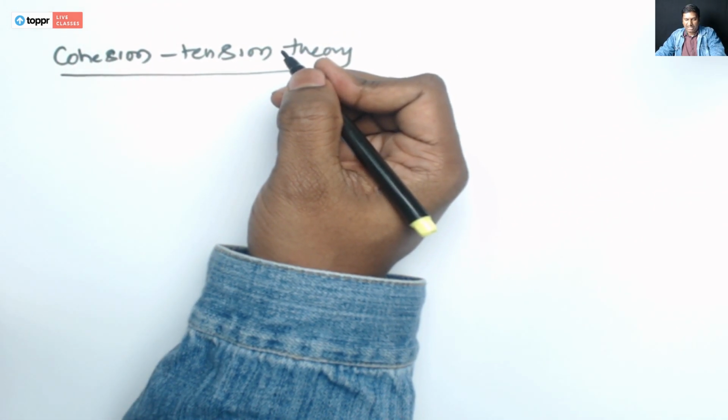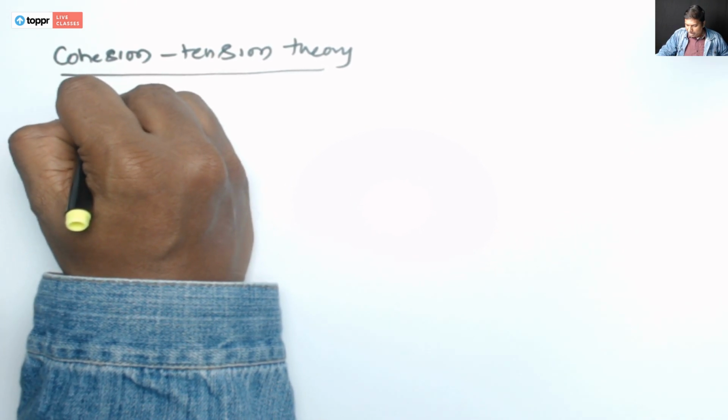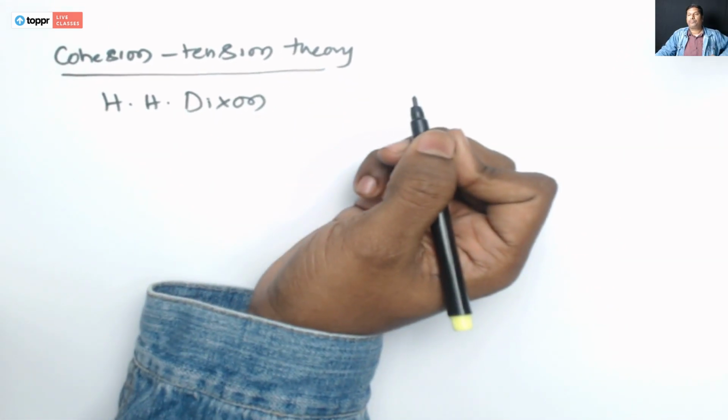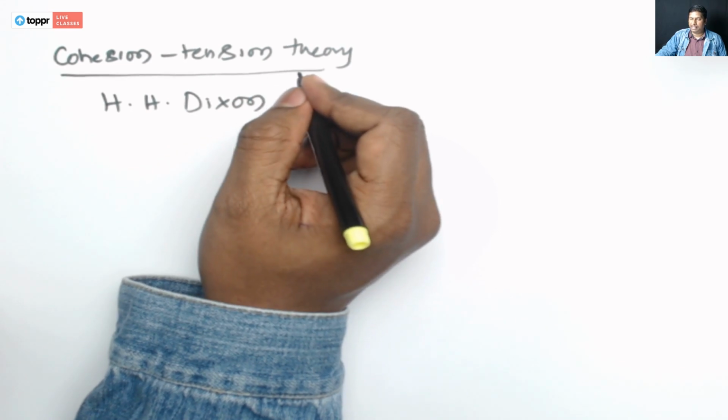This theory was put forward by a scientist named H. Dixon. He is the one who actually proposed this theory.